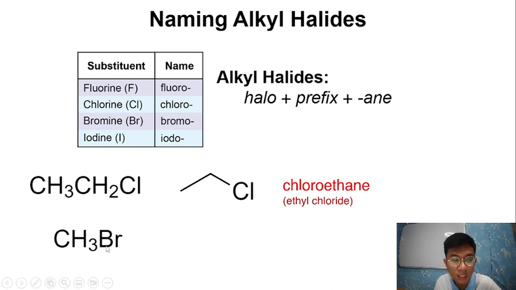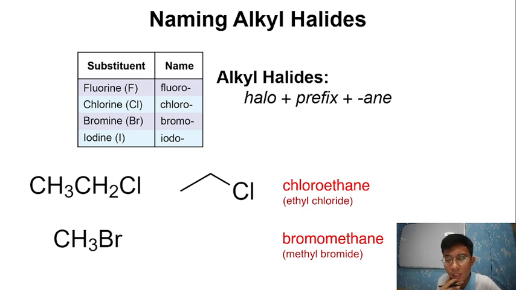So ito ay magiging bromomethane. Okay? Or if you want to use the common name, baliktarin nyo. But this time yung alkane nyo gawin siyang alkyl. So from methane it became methyl, and then yung bromo you use the ide. So methyl bromide. Okay? Dali pa yan.